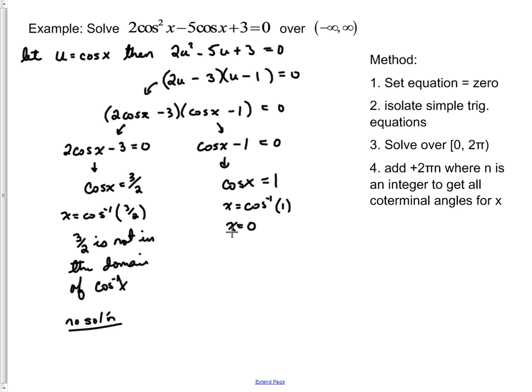But we also look at this as being an angle that is on the x-axis, and so any of our standard position angles that end on the x-axis will also have a cosine equal to 1 or negative 1. The only other position where this is going to happen is x equals 2 pi, if we added our coterminal 2 pi n, right?